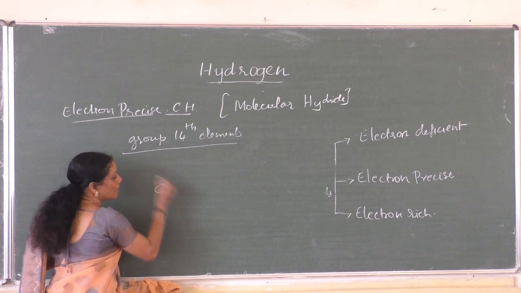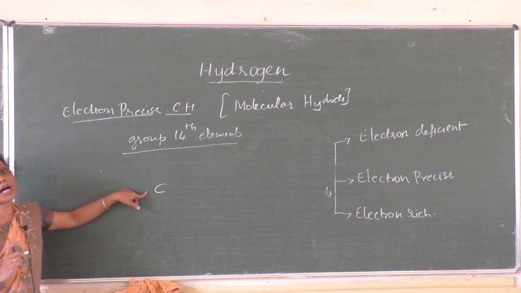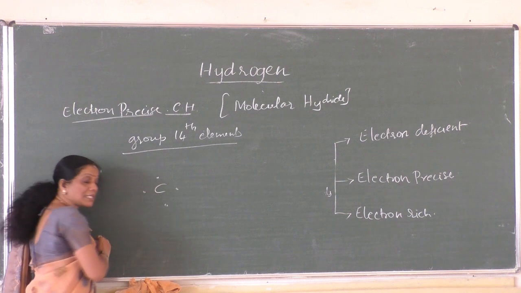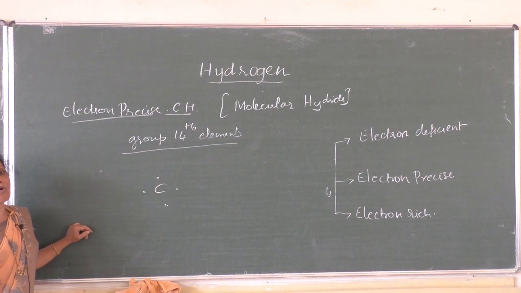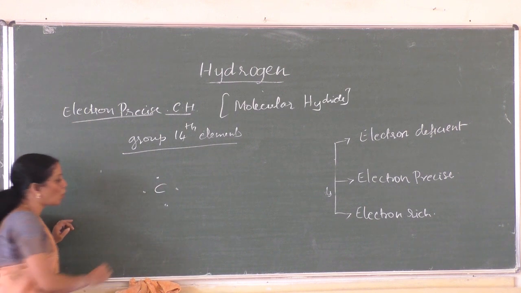Carbon, if I consider the hydride of carbon, we know that the total number of valence electrons in carbon is 4. Once the hydride of carbon is formed, 4 hydrogens combine with the carbon to give the corresponding covalent hydride.